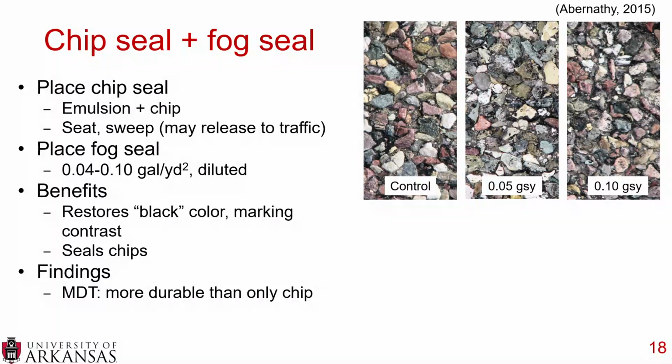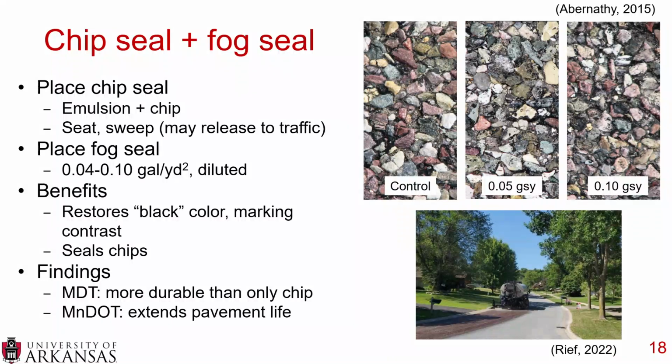The excess binder has been worn off the surface, but that excess binder does then provide some extra embedment. And then Minnesota DOT found that it extended the pavement life here. So a couple nice articles, which I will provide the full references for later, but they found some benefits to applying that fog seal after a chip seal.